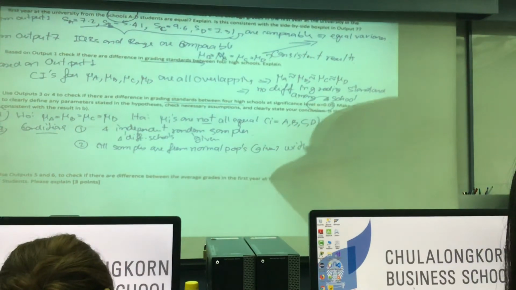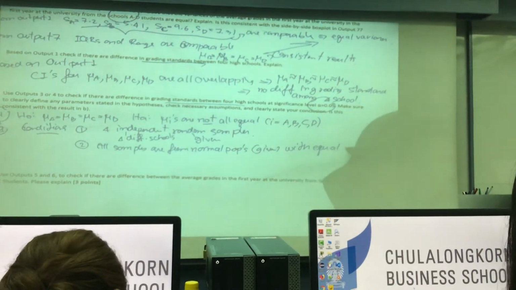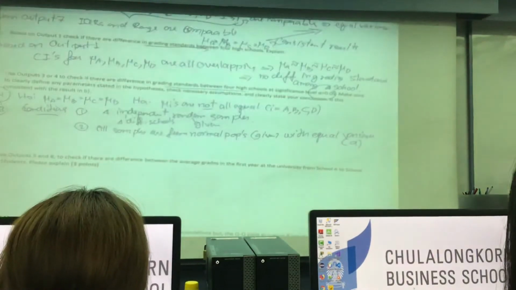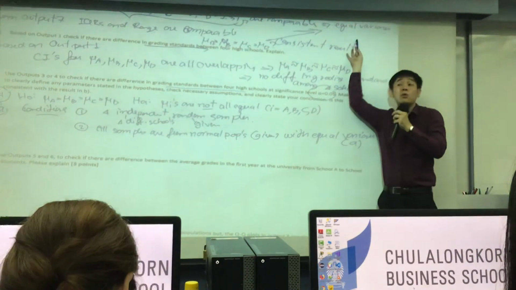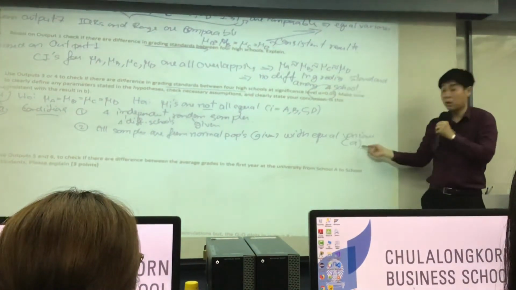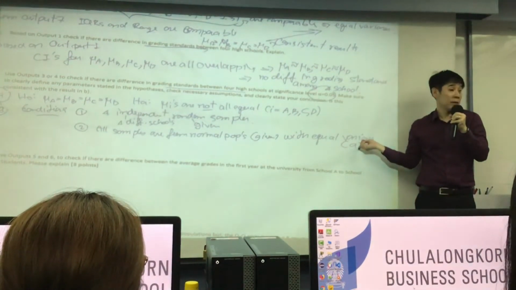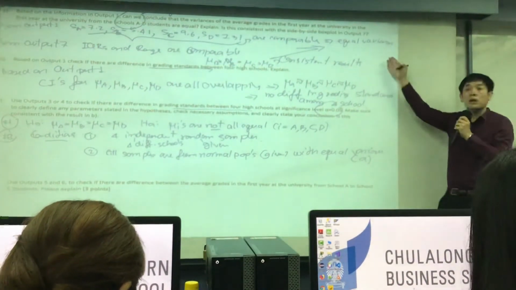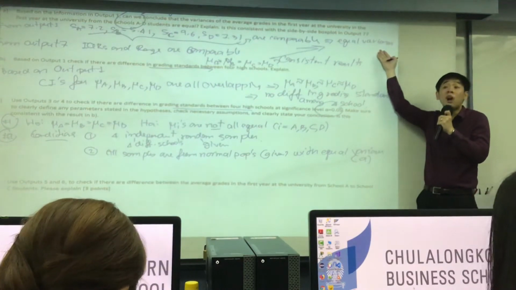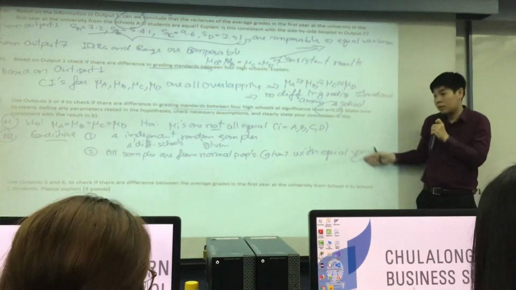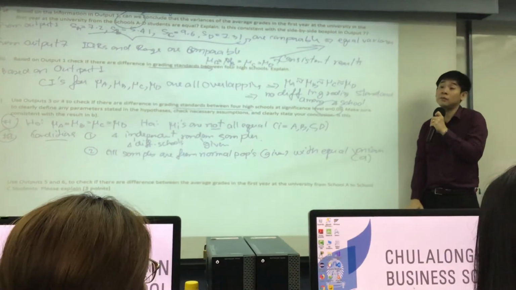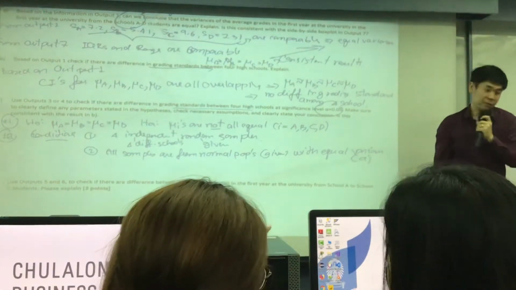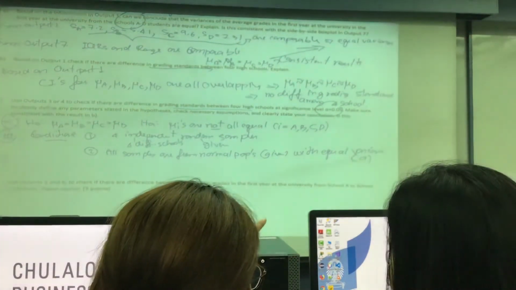With equal variance, this is from part A. In part A, we assume that the variances are all the same, so I say that. In the very first question, we said the variances are all the same. If up there you said the variances are not the same, you could say not satisfied. Okay, any question so far?